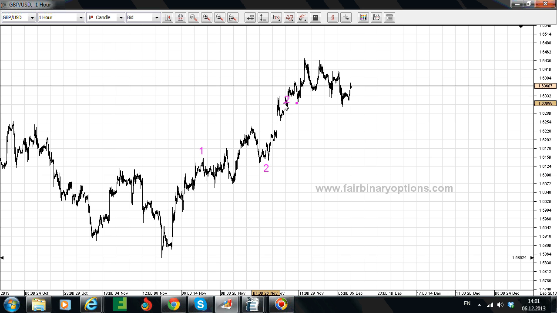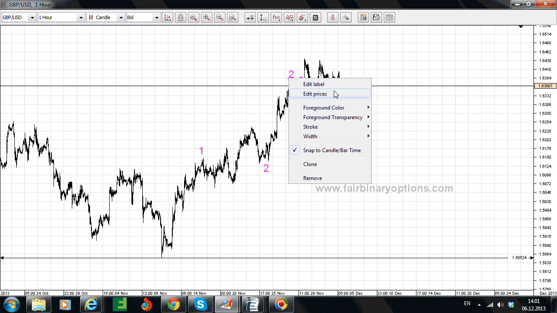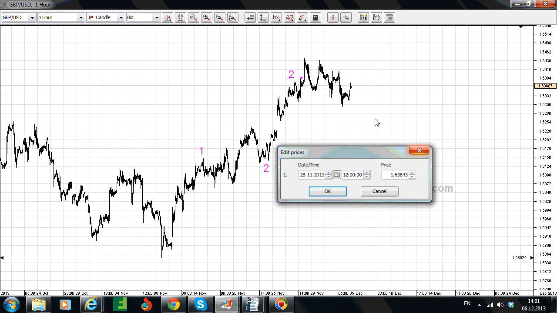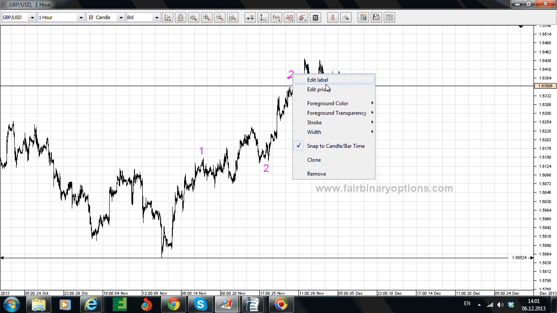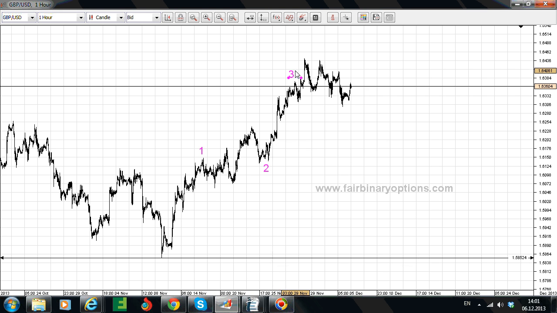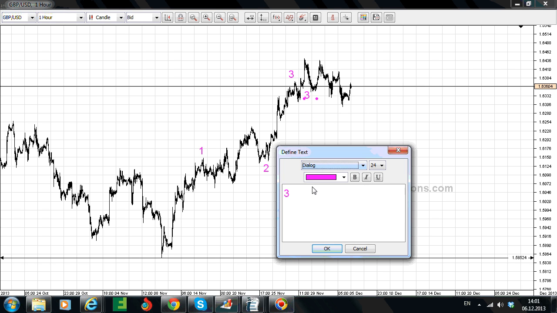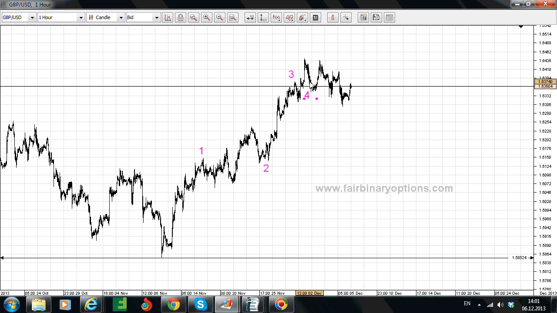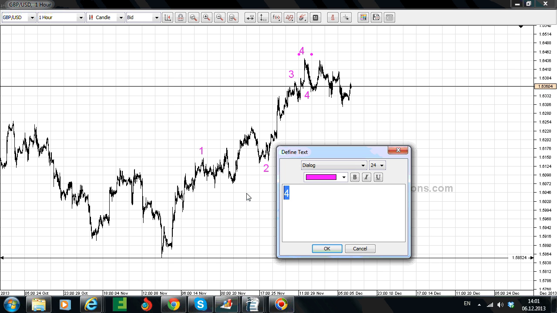I would say that the third wave is done here in the form of an ABC, ABC. The fourth wave here. And there you go, a fifth wave to the upside. This should be our fifth wave. So 1, 2, 3, 4, 5.